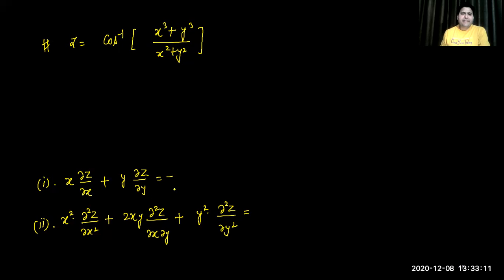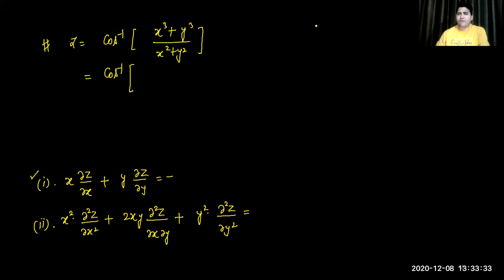into del 2z over del x del y plus y square into del 2z over del y square. Now, if the function is homogeneous, the first result will be n times z and the second result will be n into (n minus 1) times z. So we need to check whether it is directly homogeneous or not. Let us see. I am trying to reduce it into the standard form.